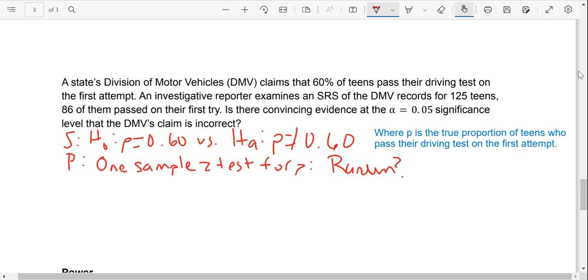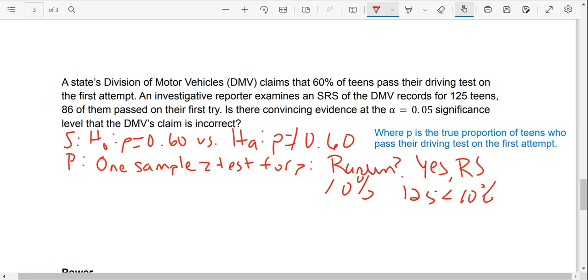Next, plan. So when we plan, of course, we gotta check the conditions. Is it random? Yes. Random sample. Is it 10%? Yes, 125 teens is most definitely less than 10%.